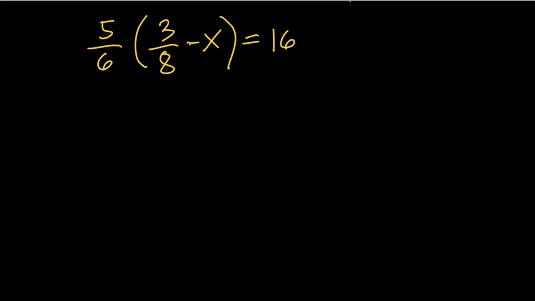Okay, what do you think we're going to do here first? Yeah, that would make a large number. Okay, so we multiply 6 on both sides. Because I want to get rid of 5 over 6, I will divide both sides by 5 over 6.